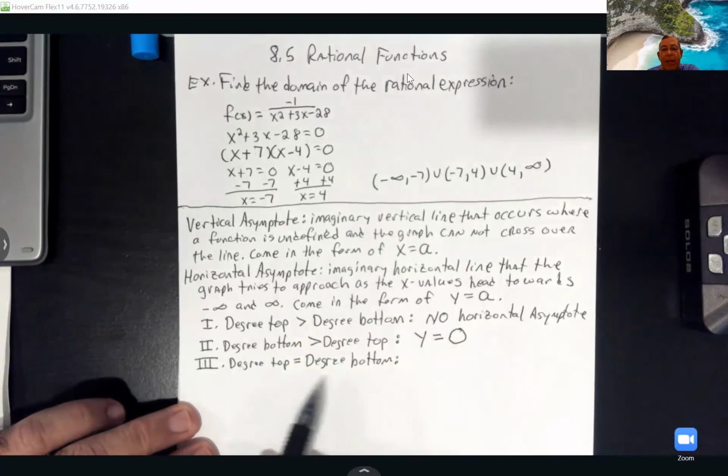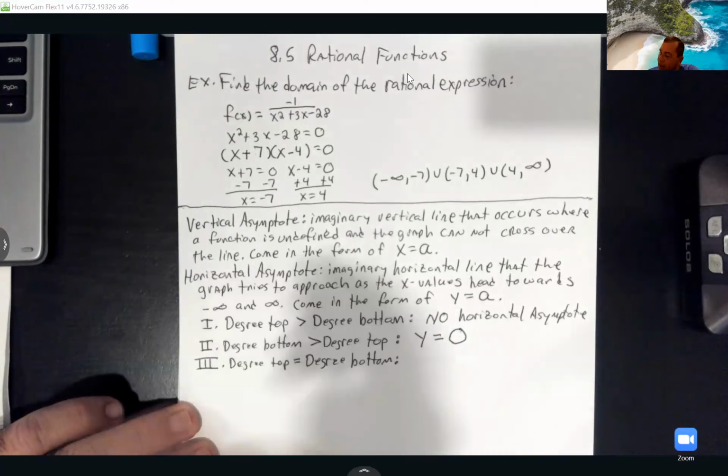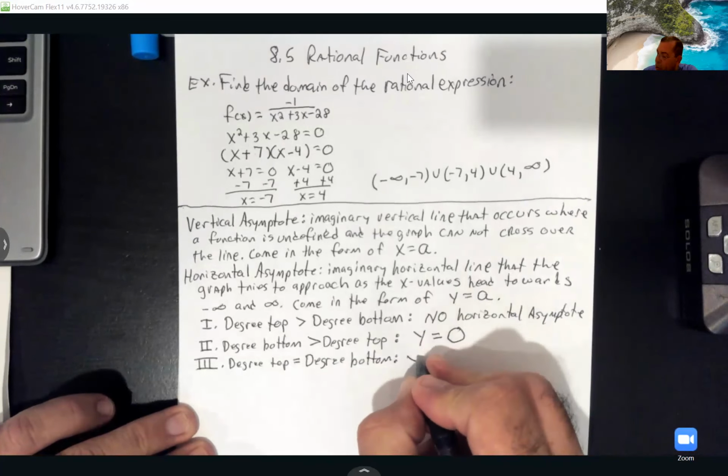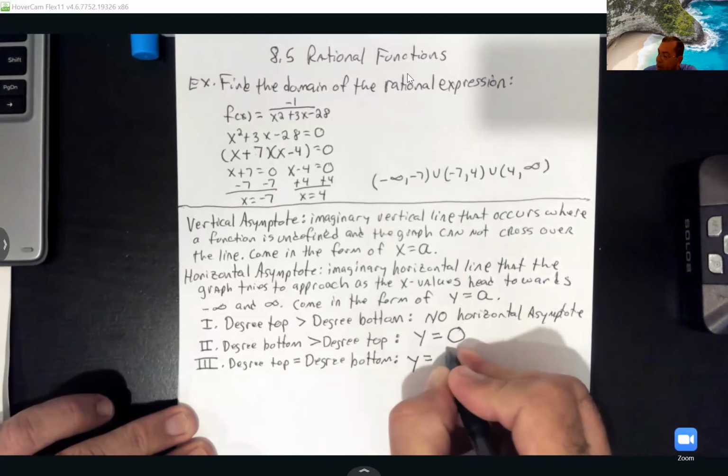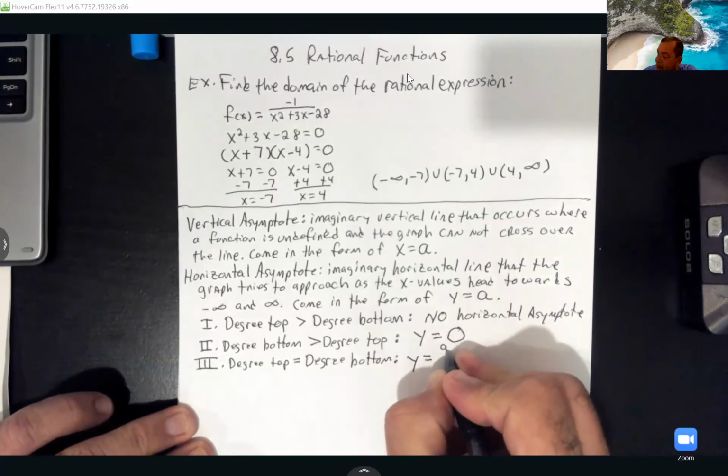If they are equal, then our horizontal asymptote equals A over B. A is the lead coefficient on top, and B will be the lead coefficient on the bottom.